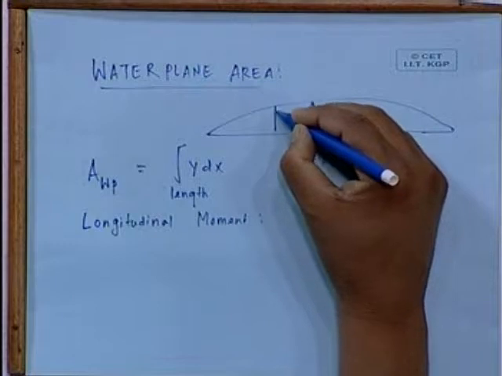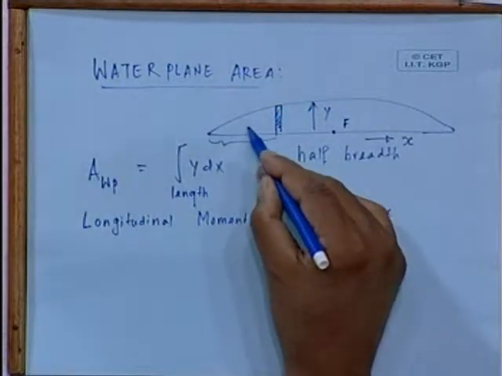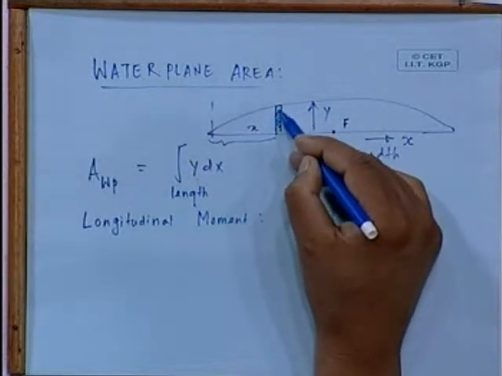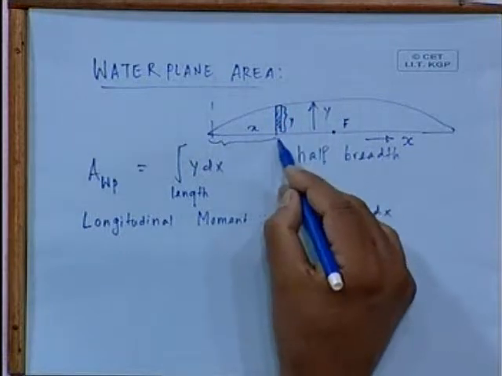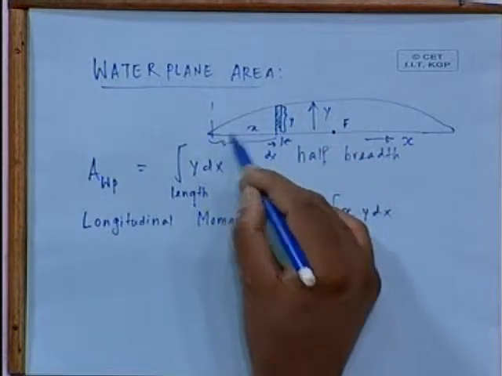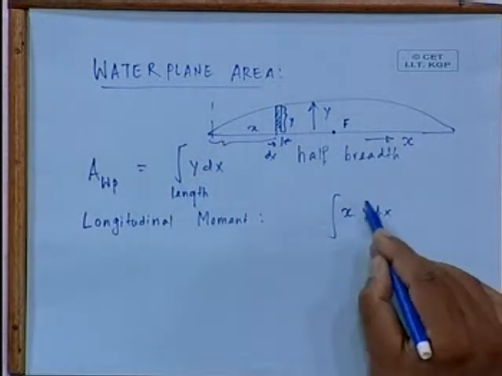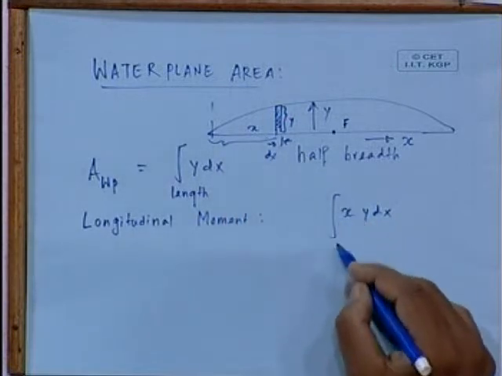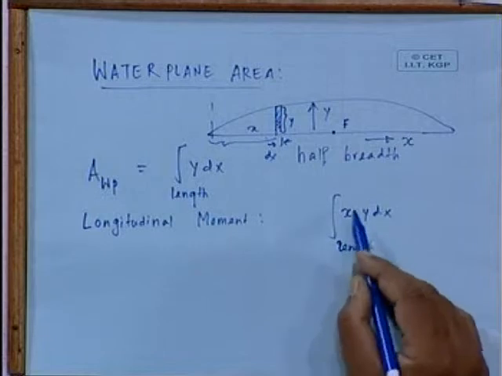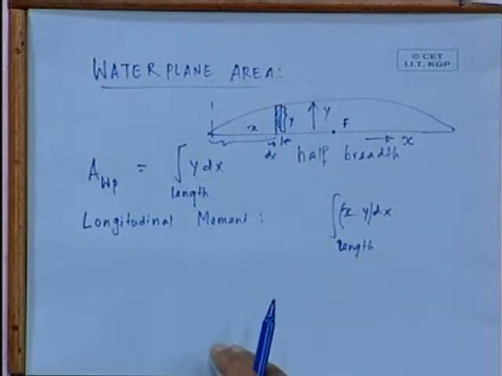Because you see, if you take a small area at a location say x here, the moment of that about this line is going to be, see, this is y, this is dx, dx multiplied by x. So x y dx, this is the small area, this is that distance, integrated over length. So this is my integration I have to carry out. Okay, so this is the longitudinal moment.